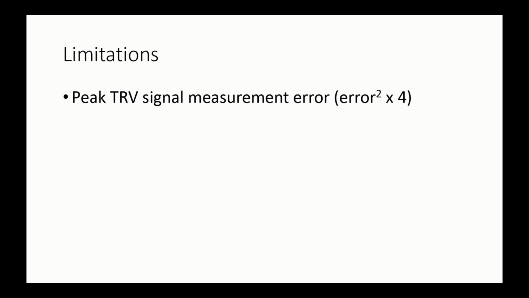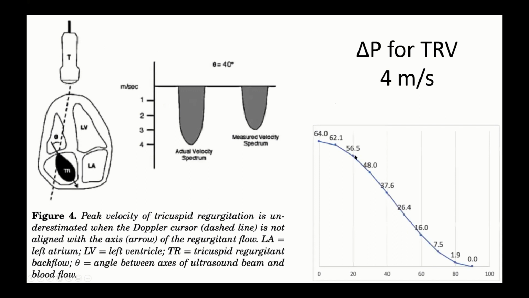The first limitation that I wanted to talk about is that the peak tricuspid regurgitant velocity signal measurement, any error in this measurement is going to be squared and then multiplied by 4. So the standard for ultrasonographers is to be within 20 degrees of the jet flow.